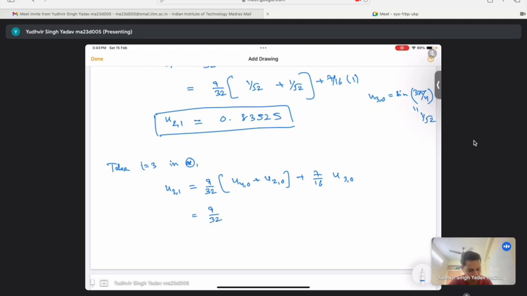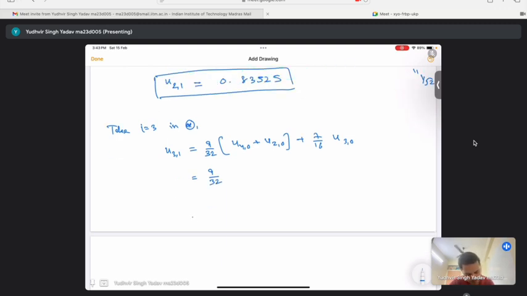Again, we will use the initial conditions: u_4^0 is nothing but sine 4 pi by 4, that is sine pi, and it is 0. So this will be 9/32 times (0 + 1) + 7/16 times 1 by root 2, and the answer is 0.59061.